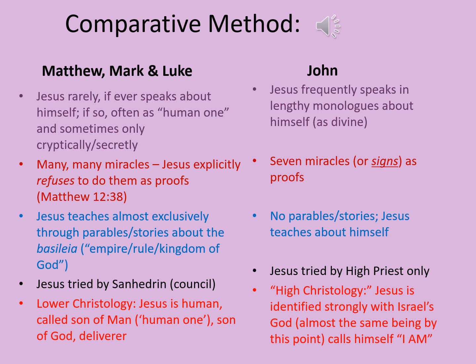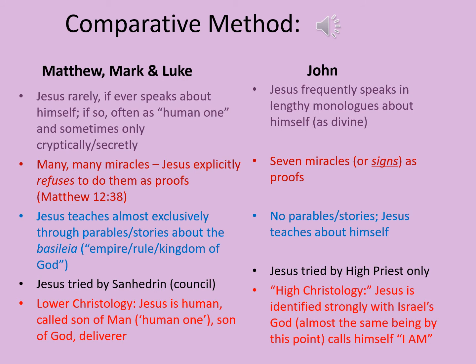And then finally, what's the upshot of all of this that your textbook is trying to explain? The Synoptics have a lower Christology than John's high Christology. When I say lower Christology, I'm talking about the word Christ or Christos, which is like to what extent is Jesus anointed by God, and what does that mean about him?